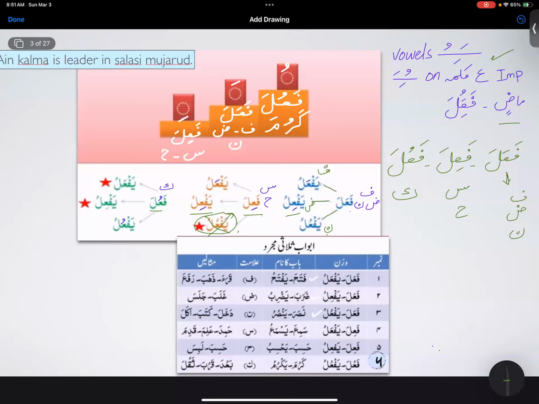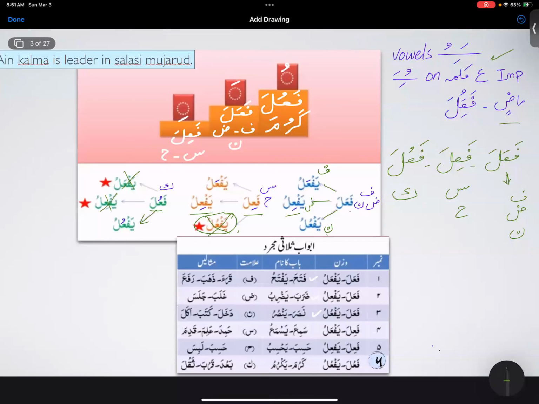Now comes fa'ula. Fa'ula looks very arrogant. He just shakes hand with the similar to it, fa'ula yaf'ulu, which is karuma yakrumu, and he ignored these two. So now we should have 3 plus 3 plus 3, 9 clans, but that didn't happen.